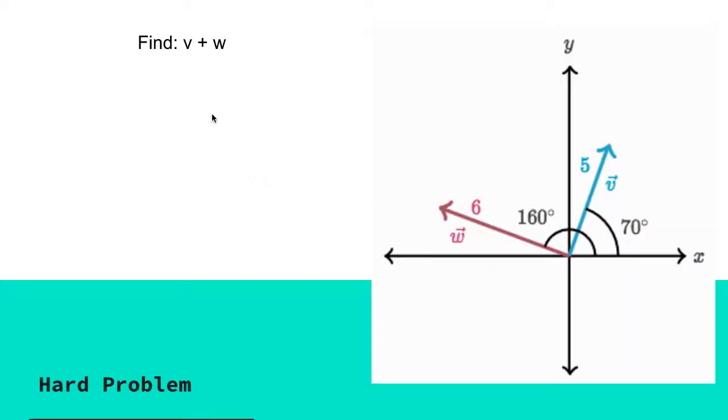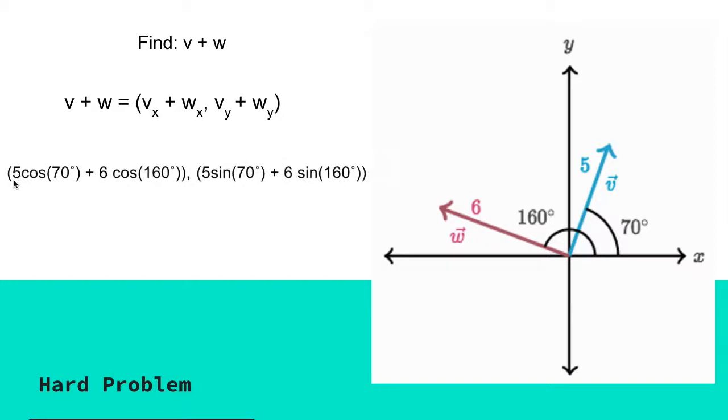Now for our hard problem, we want to find v plus w. And we have our picture right here that we're going to work with. In order to do that, we're going to use cosine and sine. And here's our equation right here. We're going to do 5 cosine 70 degrees plus 6 cosine 160 degrees to get our x, and then to get our y, we use sine and plug in the same thing.